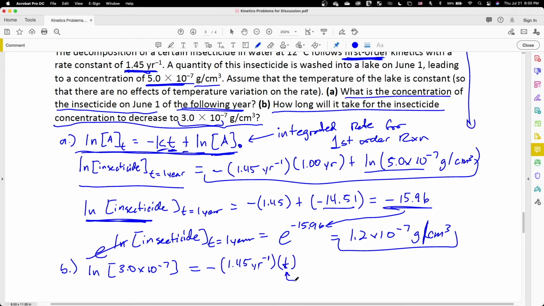And in this case, we're going to be solving for t. Why are we solving for t? Because it asks us how long it will take to get to this concentration. Plus the natural log of the initial concentration, which was 5.0 times 10 to the negative 7 grams per cubic centimeter. And then we'll close that off.